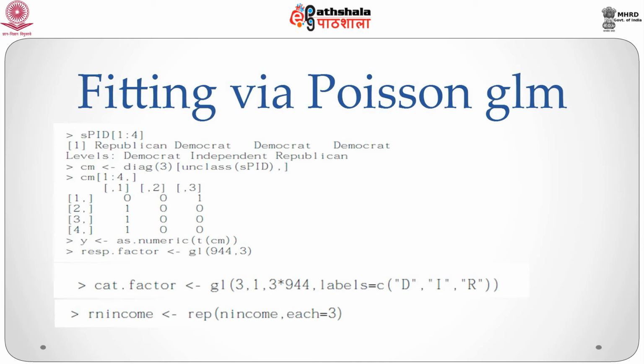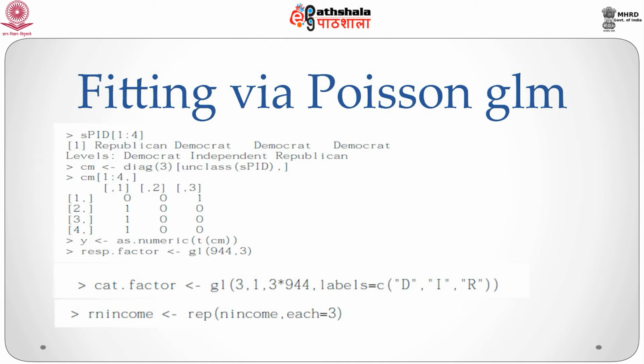For ungrouped data, this means that we have one response as 1 and the rest equal to 0. So, in the chunk of code given on this slide, we have set up these variables and also illustrated what happens for the first 4 rows of the data.